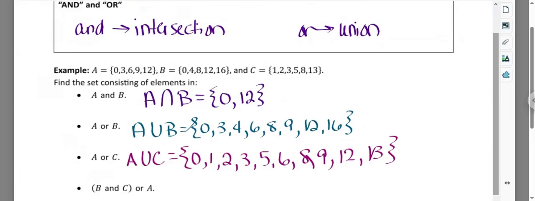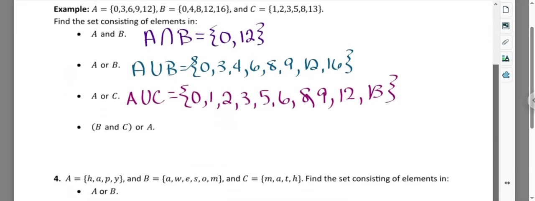That last one, 2 different things happening. The first thing, I have the intersection of B and C. From there, the union of that with A. So the intersection of B and C, 8.